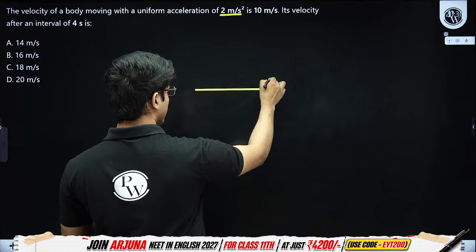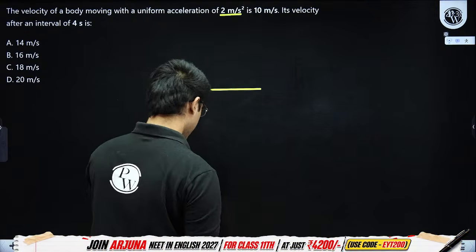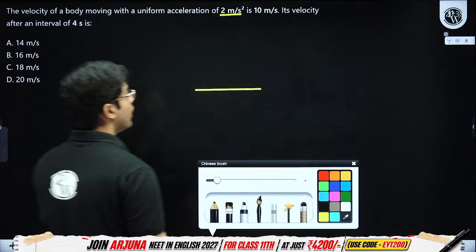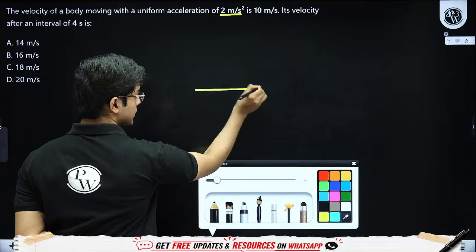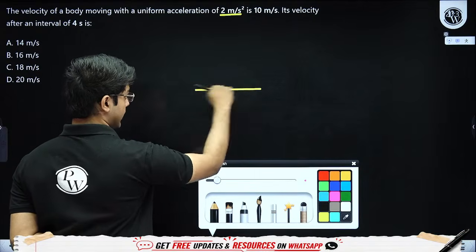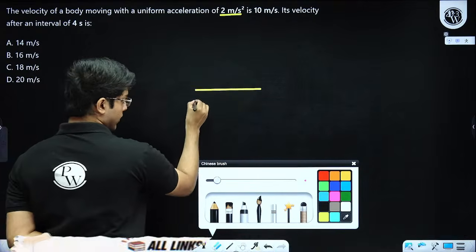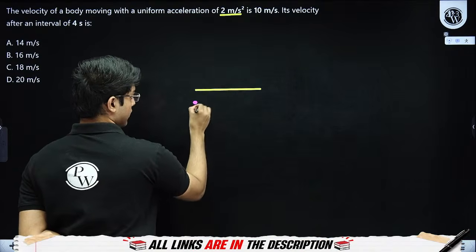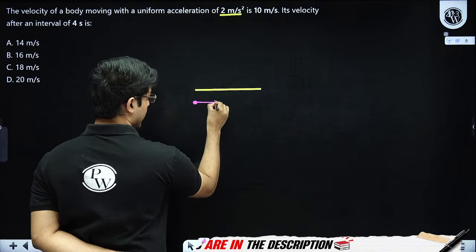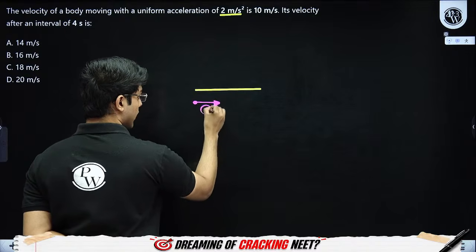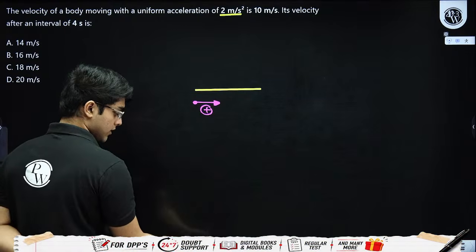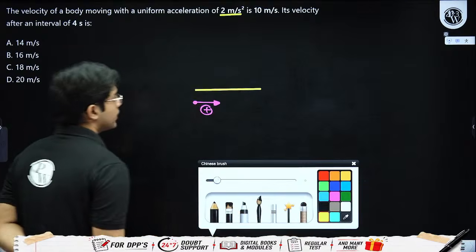There are a few rules you need to keep in mind when applying these equations. First thing is, if the motion is happening in the x direction, you have to choose one direction as positive. Say we choose the right direction as the positive direction. You have to either choose the right as positive or the left as positive.